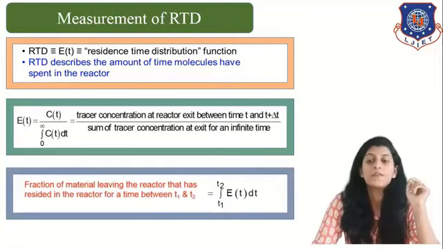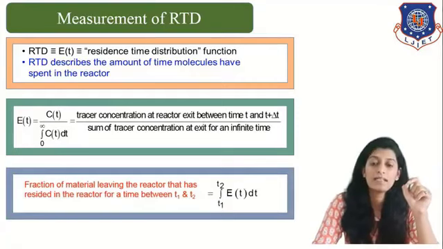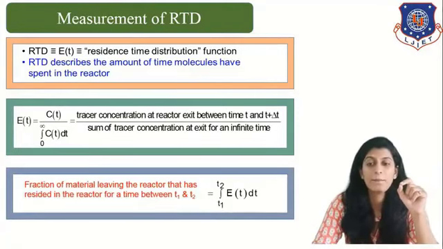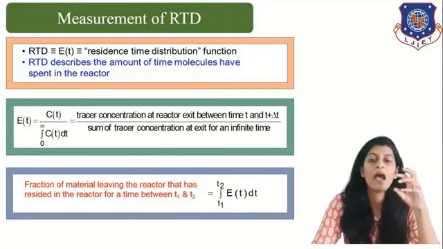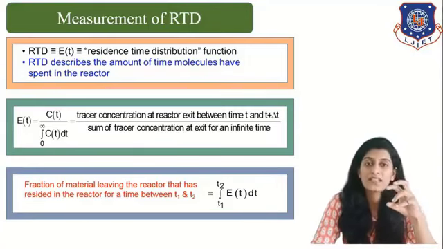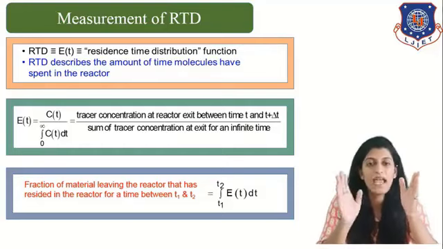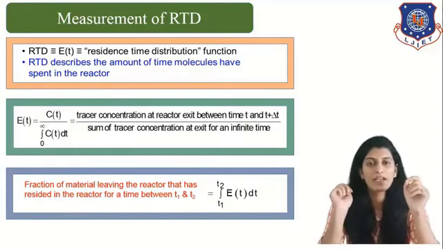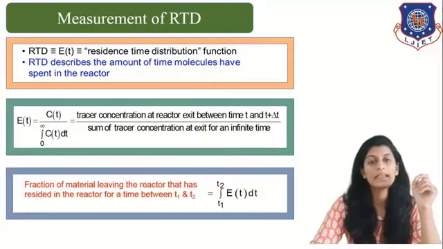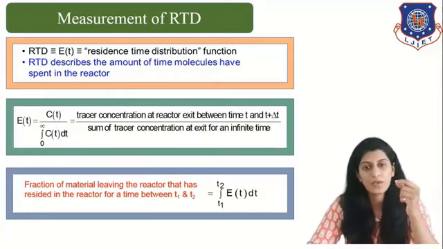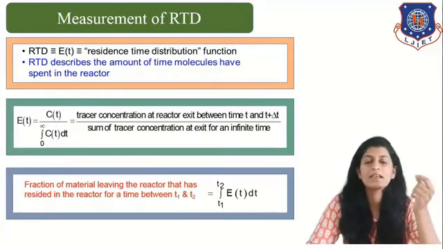Next is the fraction of material leaving the reactor that has residence time between t1 and t2. How do we determine the amount of tracer leaving between two time intervals t1 and t2? It can be determined using the formula: integration from t1 to t2 of E(t) dt.